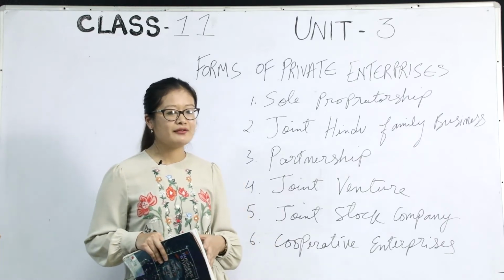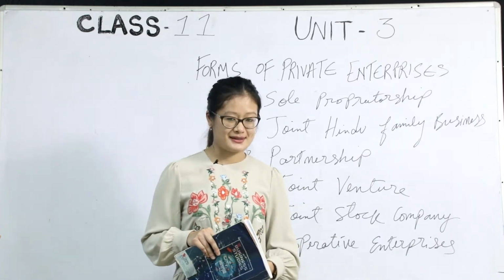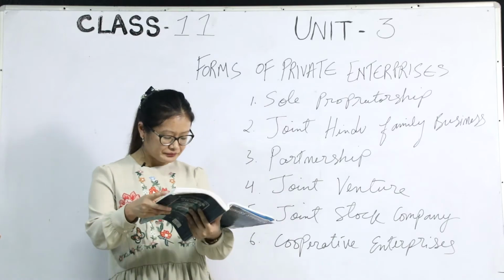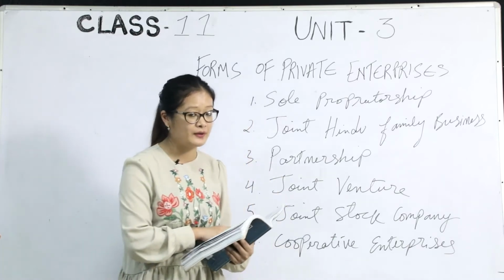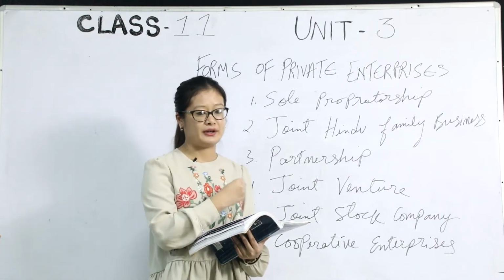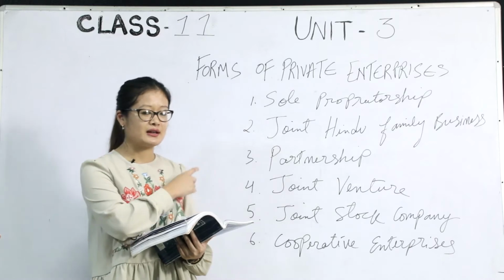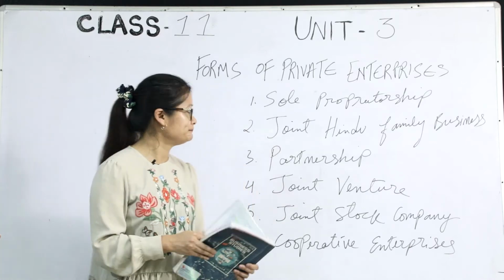So whatever profit or loss comes their way, they bear it by themselves. That is what sole proprietorship is all about. Do remember that we are talking about a single ownership here. Every profit and loss, they will have to bear by themselves.